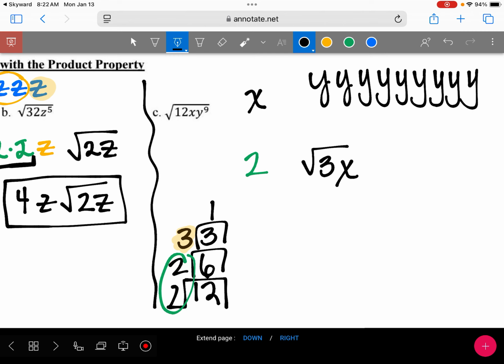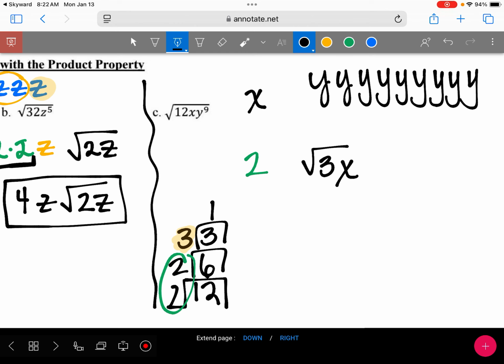Go ahead, circle your pairs. And show me with your fingers how many pairs you made. 4 pairs.